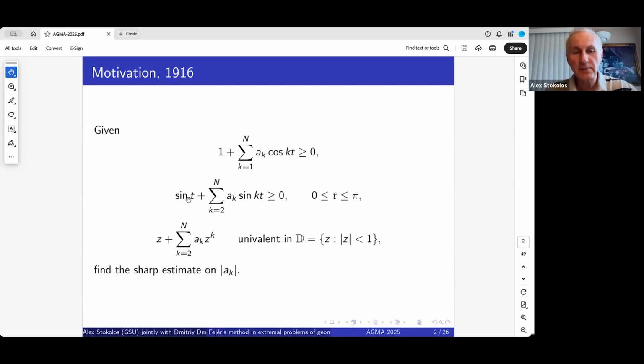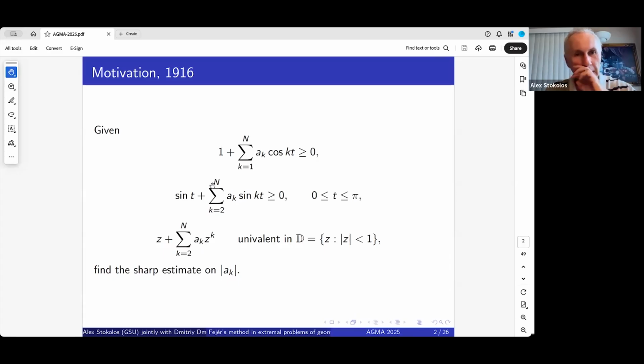In this case, only the sharp estimates for A2, A3, A_n, and in the odd case A_{n-1}, are known. There are no sharp estimates known for A4, A5, etc., until the very last one. And in this case, nothing is known, absolutely nothing.